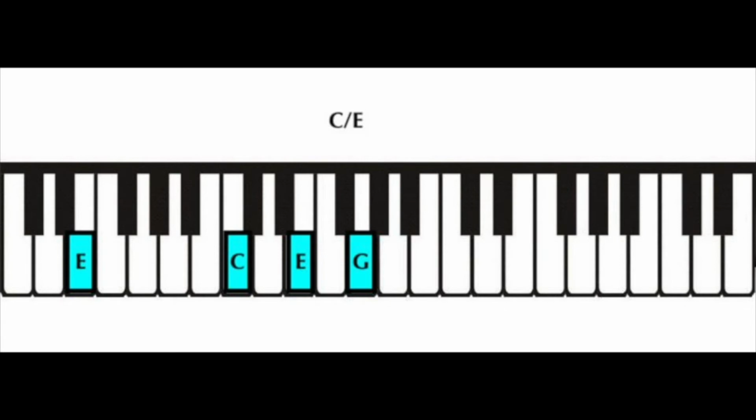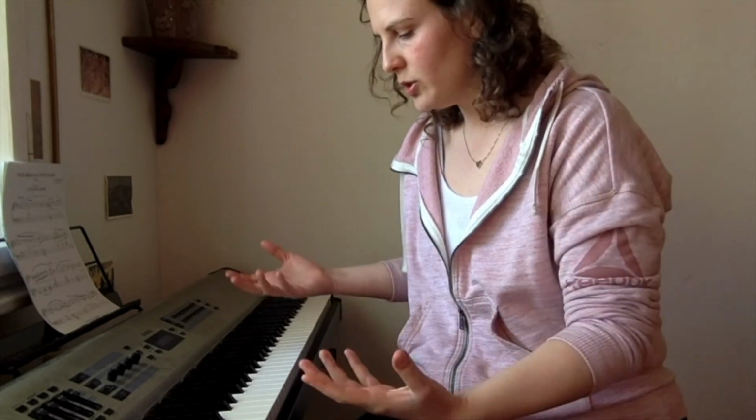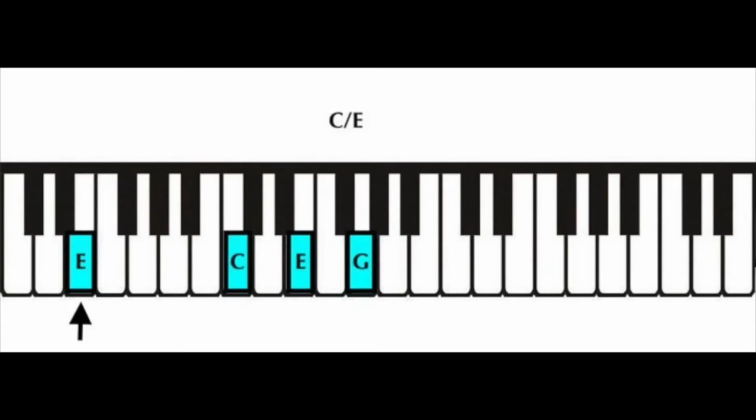This is first inversion because my bass note is E, the second note of the chord. On keyboard, because we have two hands and a lot of possibilities, I can just play the bass, which is E, and play C major in root position. And it will have that effect of first inversion.